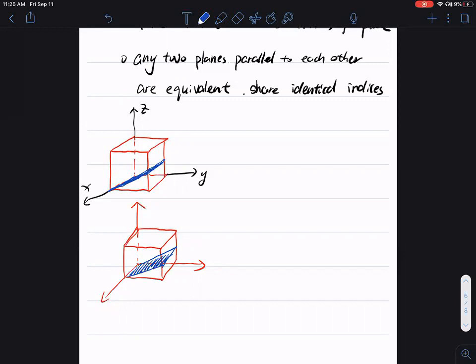So that's a plane cutting through the unit cell. How do we find the crystallographic plane indices hkl for this plane? There are 4 steps.